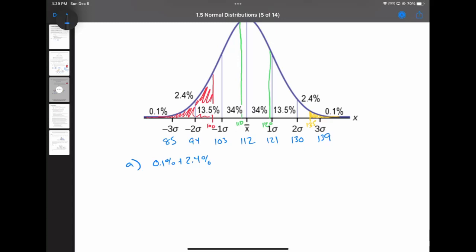If it was exactly 2/3 of 13.5, that would be about 9. So I'm going to guess that maybe it's more like 7.5 or 8, and I'll guess 7.5. It actually makes the number a little bit nicer. So 7.5 plus 2.5 gives us 9%. So roughly 9% of apples are going to fall into the category of under 100 grams.